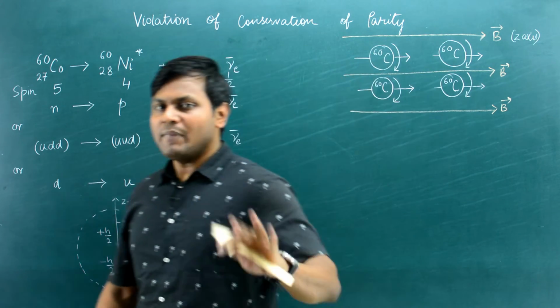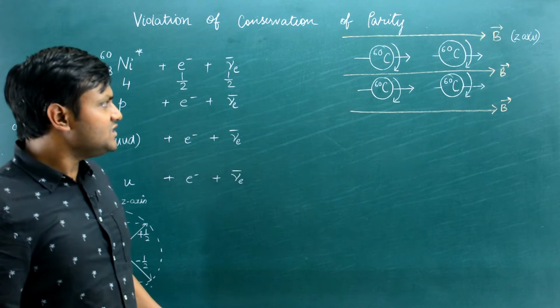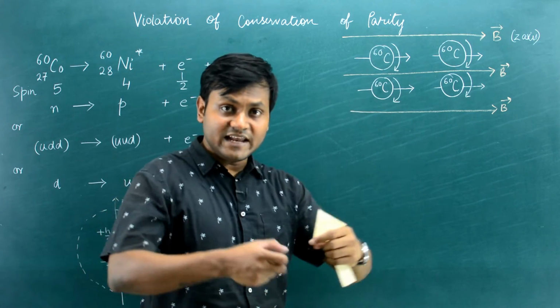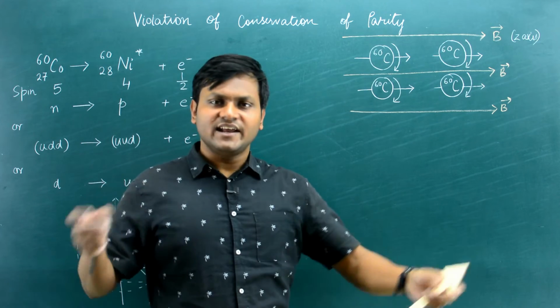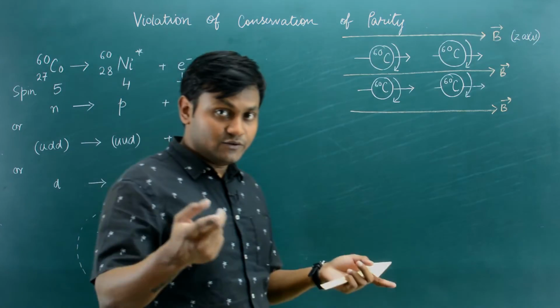Now how does that manifest itself in this kind of experiment? As it just so happens, the cobalt-60 decays into nickel and the electrons and neutrinos are emitted. Now the electrons and neutrinos can be emitted in either direction. They can be emitted in the forward and backward direction. So let's look at two different scenarios.